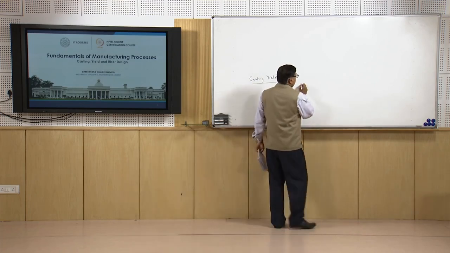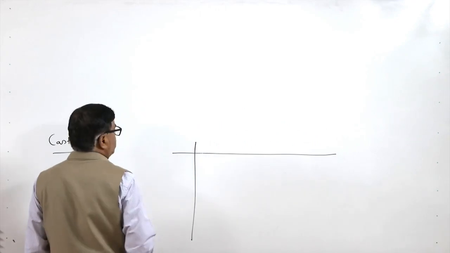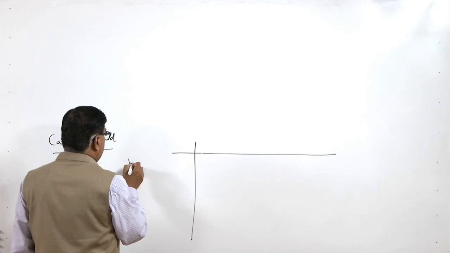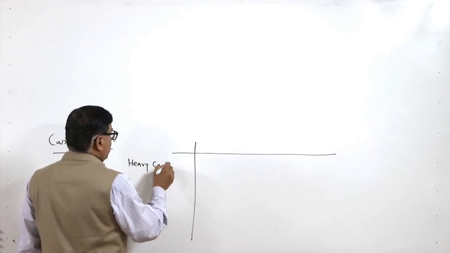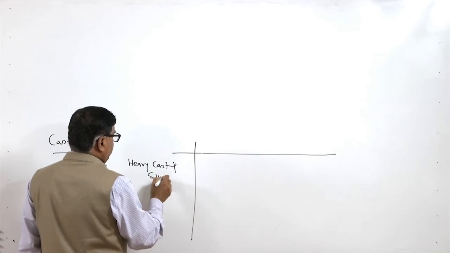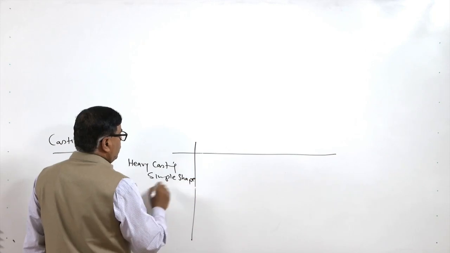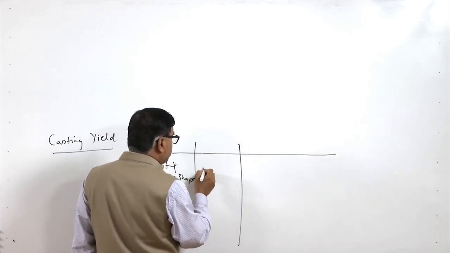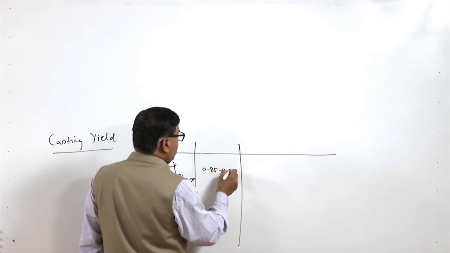So, we will be talking about some typical casting yield values for the different metal systems, like say for heavy castings of simple shapes. For such kind of castings the casting yield may be to the tune of 0.85 to 0.95.